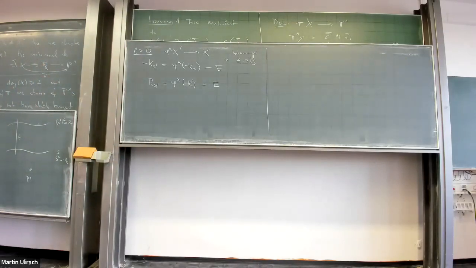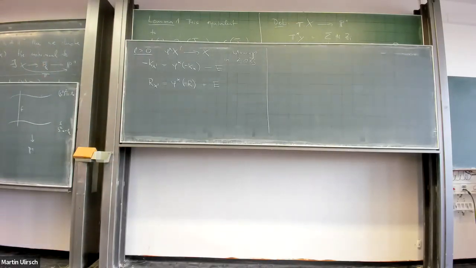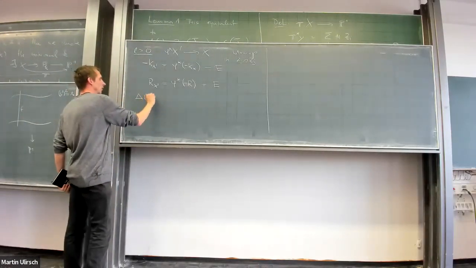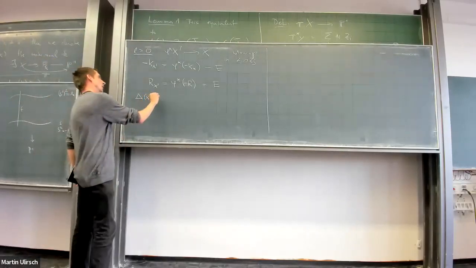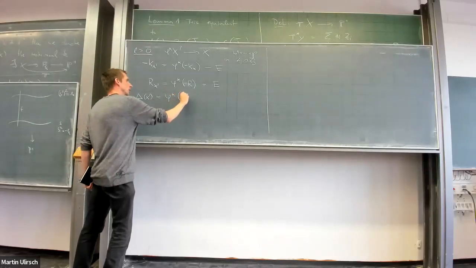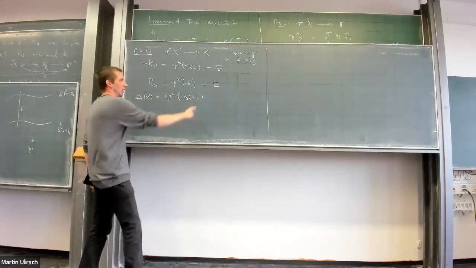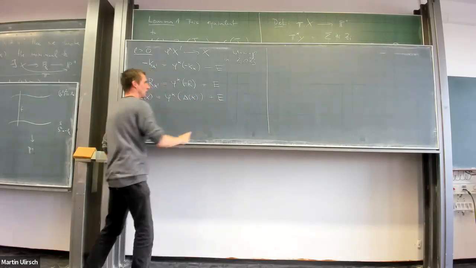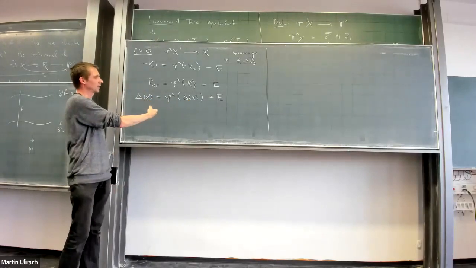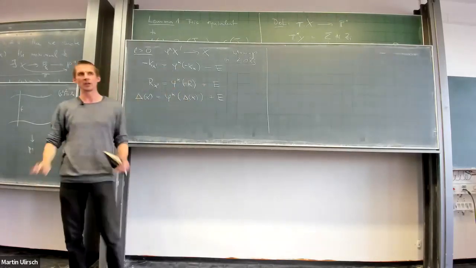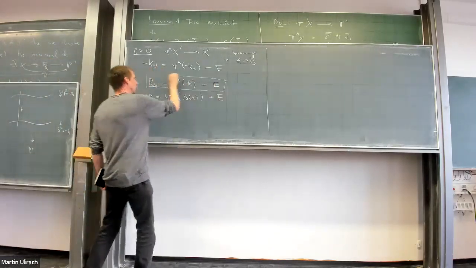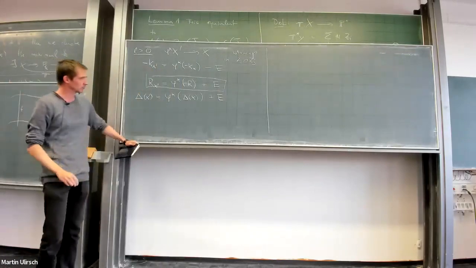What does it tell us? For our curve class we are interested in, we then obtain that delta x prime is the pullback of delta of x plus E. But if this was effective, pulling back keeps it effective, and then we even add something, so everything should be fine.